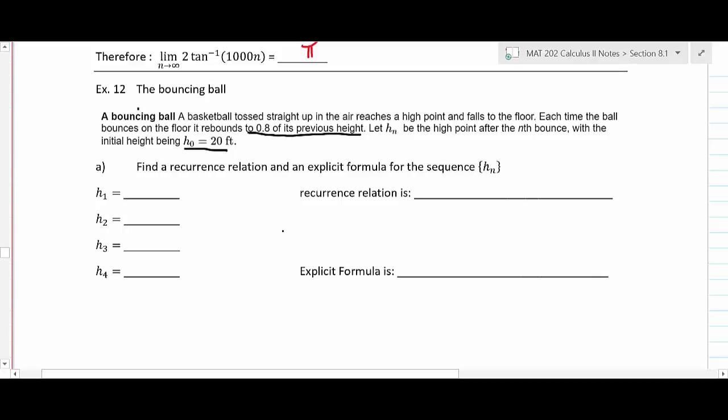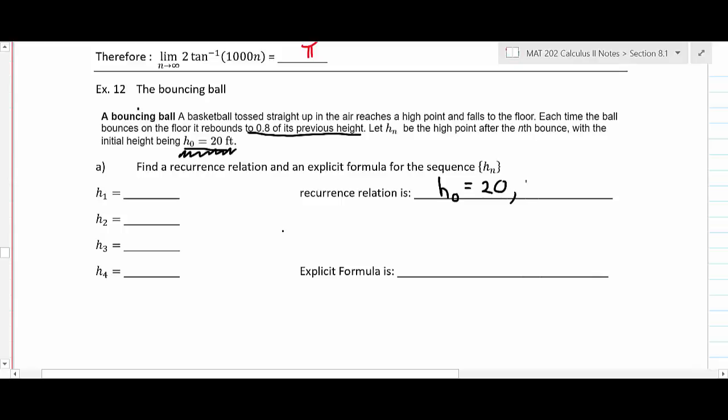If you do a recurrence relation, you would write this like this. Now you can start this at h of 1 or h of 0. This time I'm just going to use h of 0. That's your choice, really. That's the initial position of the ball. It said h naught is 20.